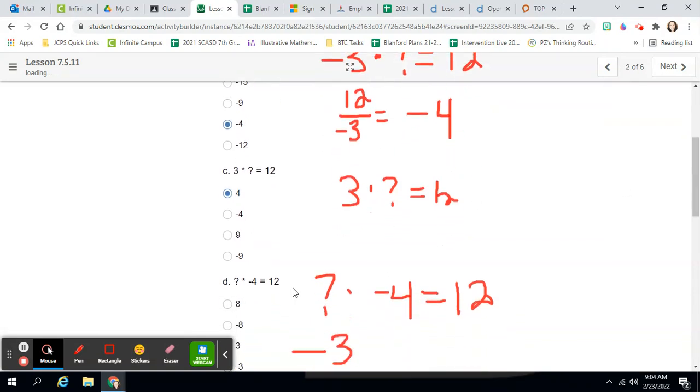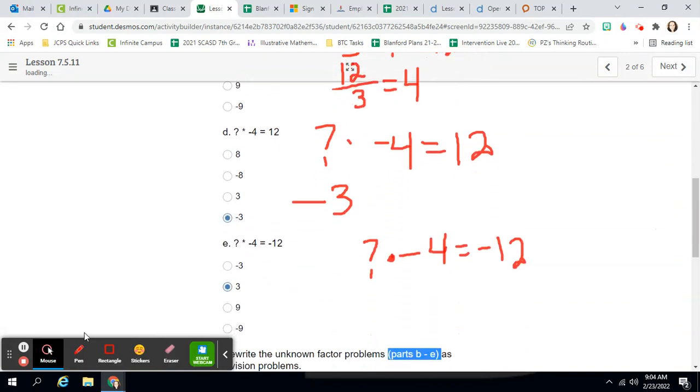For this one, what we really did is we took the +12, right? We divided it by a +3, and we got +4, right? For this one, oops, I'm going to erase this.